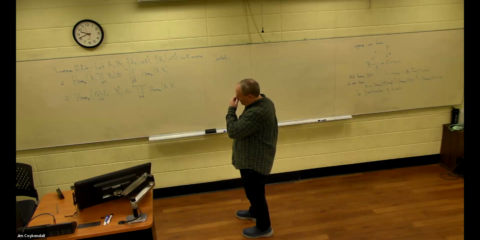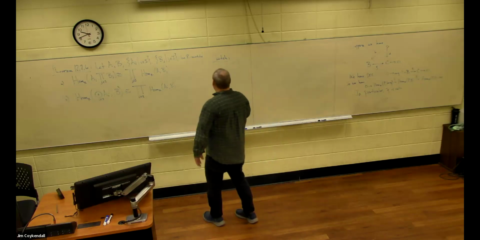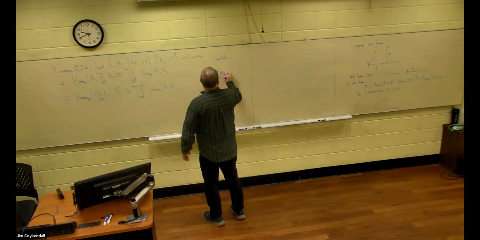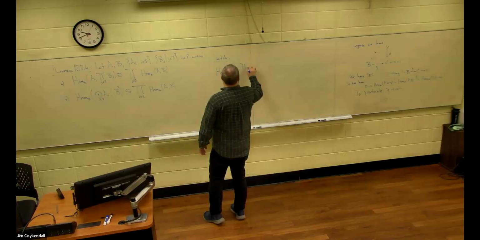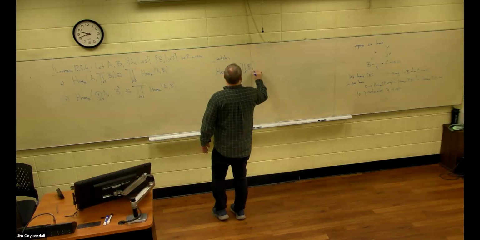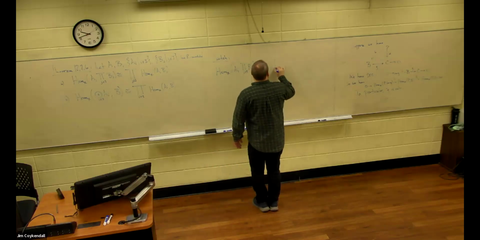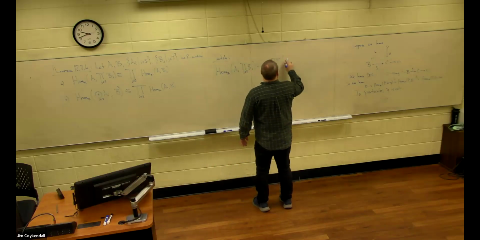So let's try to go from, this is weird, right? From Hom(R, A, the direct product of B_J) into the direct product of the separate Homs.